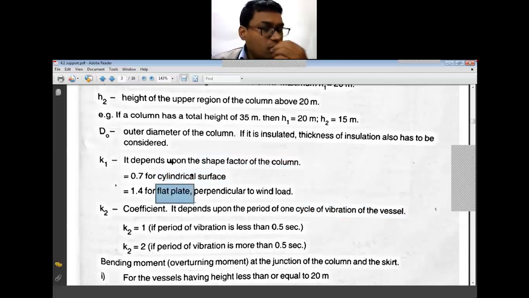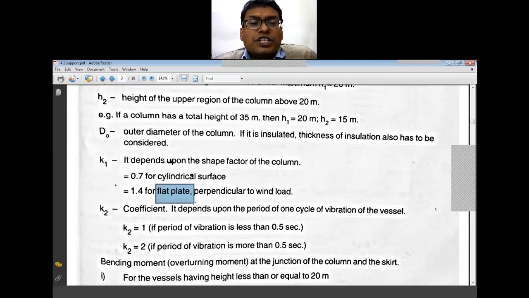Generally for our columns, we consider it as a cylindrical surface. However, if there are building walls or some restrictions, flat plates are used. In that case, this K1 factor will have the value of 1.4, and in case of a cylindrical surface, this K1 will have the value of 0.7.